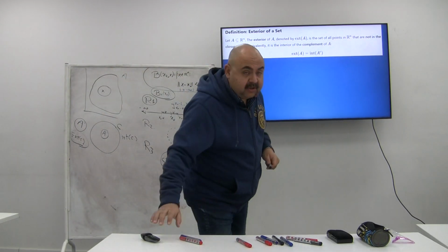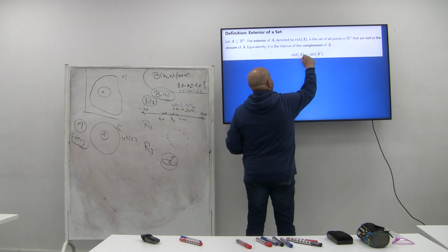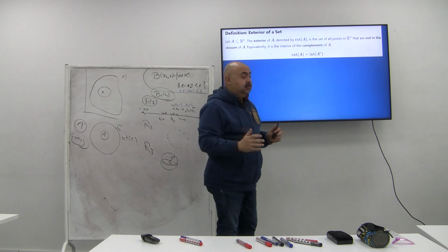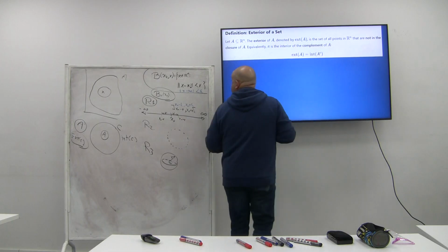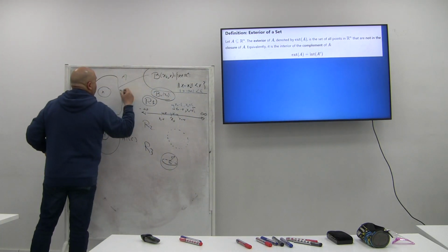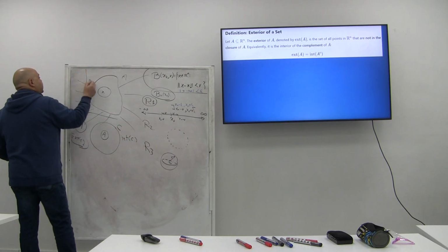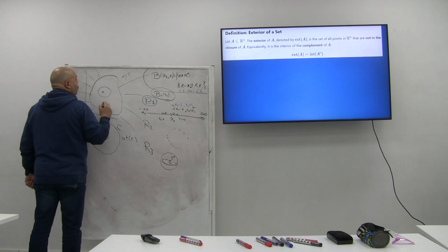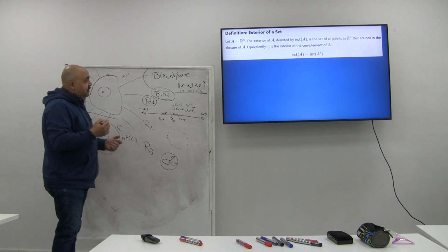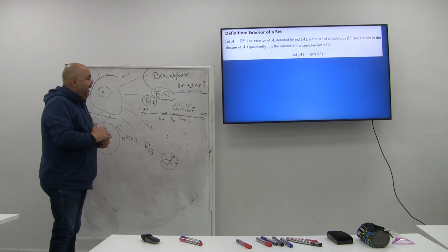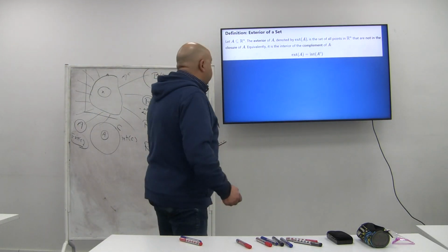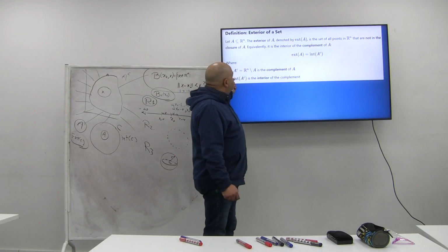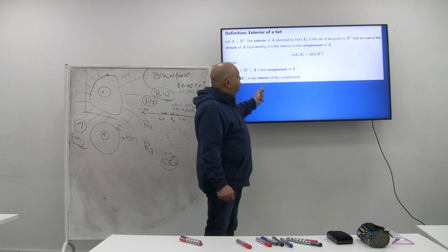And it can be described as the following. Remark the two symbols: the exterior of A means it exists outside of A, and it's exactly equal to the interior of the complement of A. The complement of A means all the other elements outside A. This is A complementary, all the elements outside A. If we consider this is A with all the points inside it, then to have an exterior set, there should be an open ball outside A, which means it's in the exterior of A, or within the interior of the complement of A. Of course, AC is the complement of A, and the interior of AC is the interior of the complement.